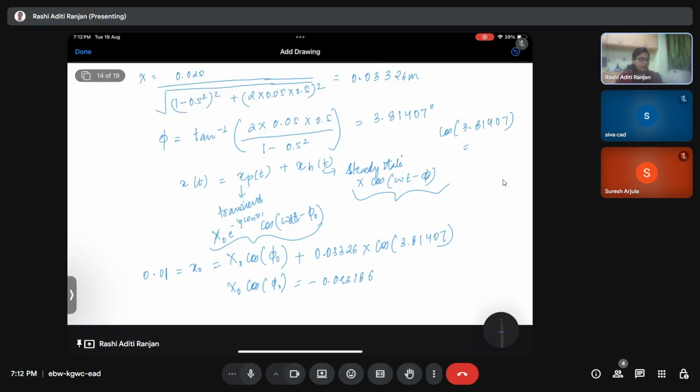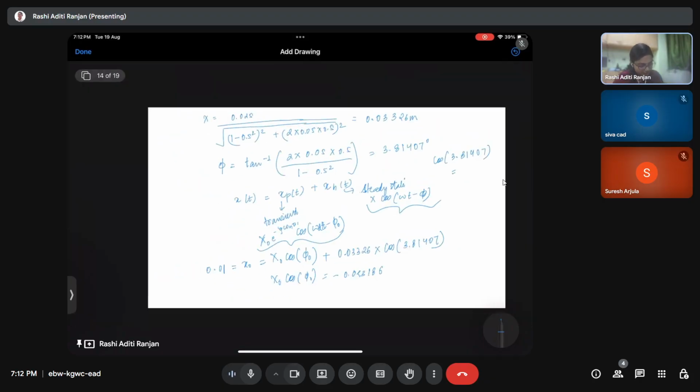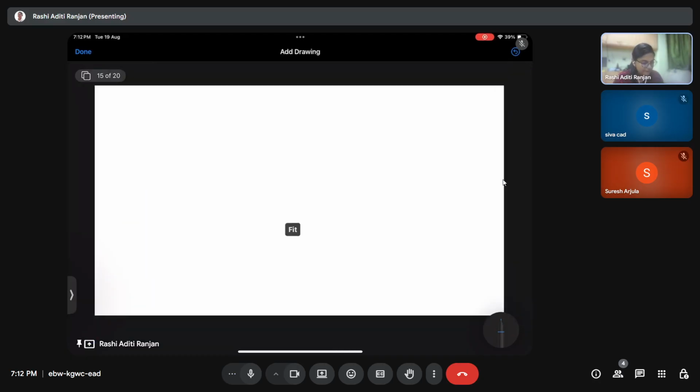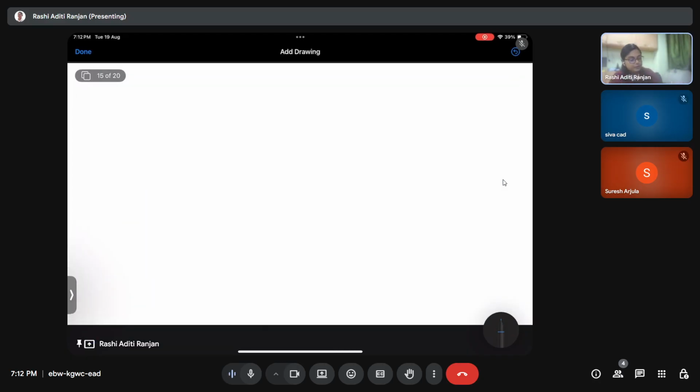Okay. Another thing is that since we have the equation of x, we are going to have an equation of x_0 dot as well, right? And this x_0 dot is nothing but 0 as it is specified in the question itself.